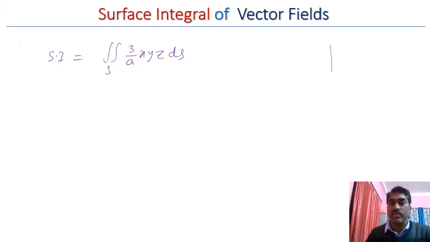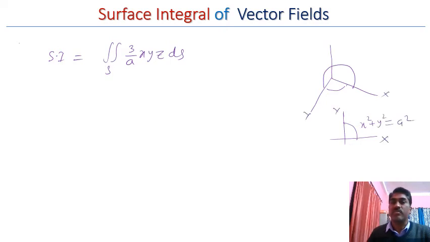You can see that if this is the sphere, its image on the xy plane will be just a quarter circle, x square plus y square equal to a square. This will be the image on the xy plane of the sphere in the first octant, this quarter disk.